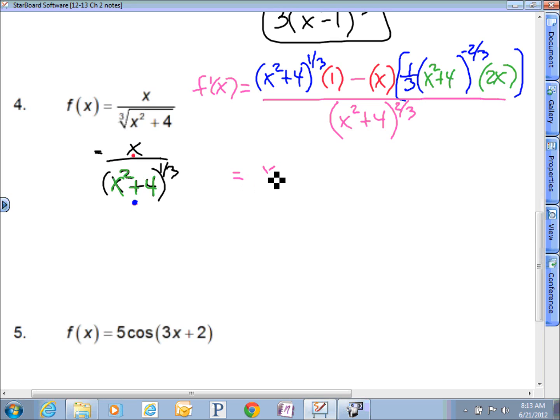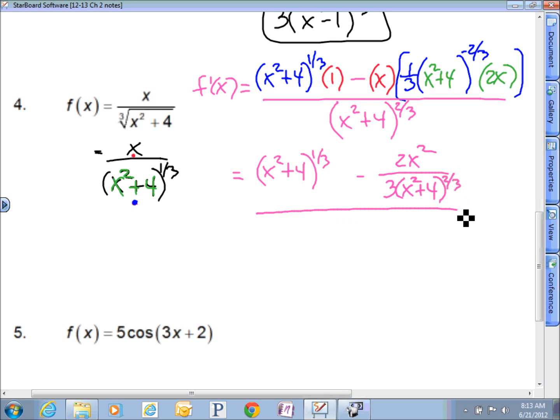What we really have is x squared plus 4 to the 1/3 minus 2x squared over 3 quantity x squared plus 4 to the 2/3, all over x squared plus 4 to the 2/3. Some people are going to say, just cancel the x squared plus 4 to the 2/3. That doesn't work. We've got fractions inside of fractions.